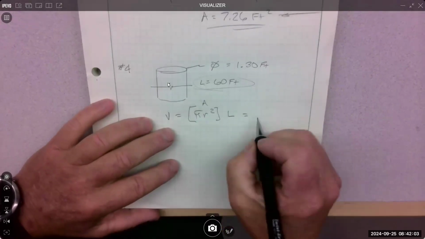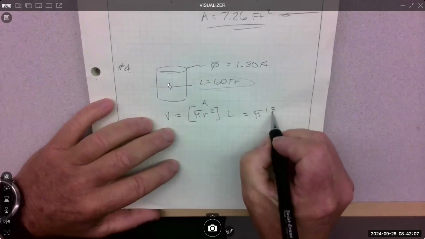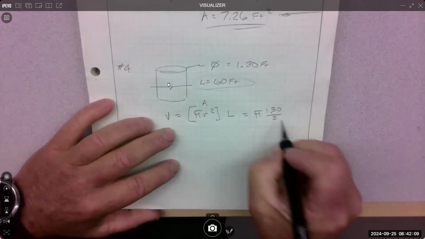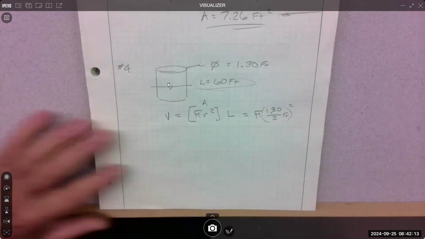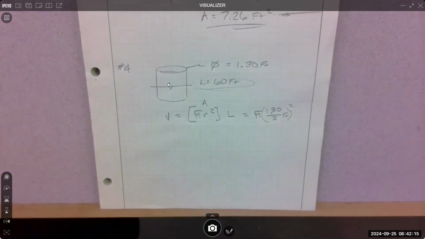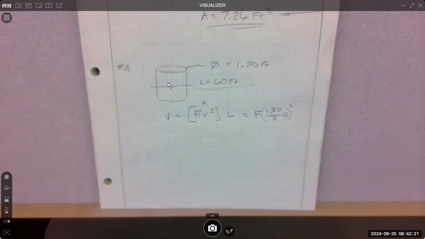All right, so then we have pi. I'm gonna put the 130 in over 2. Like that. So there's a reasoning for that too. When I share the formula with somebody else, they want to see that I use the given information.